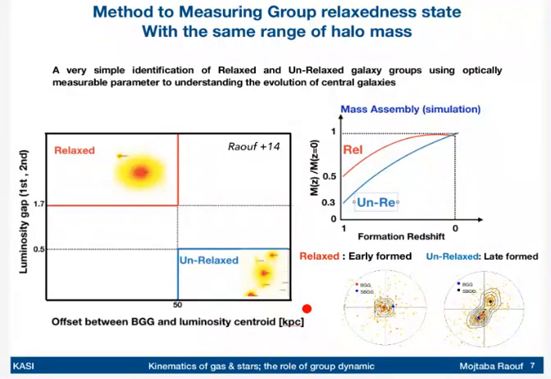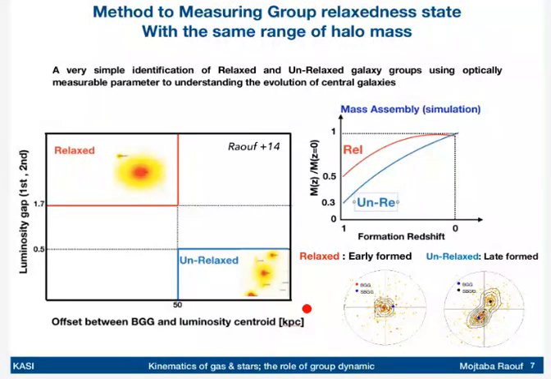We try to identify the relaxed and non-relaxed galaxy groups based on two different observational parameters: the luminosity gap between the two brightest galaxies and the offset between the luminosity centroid that I defined before.